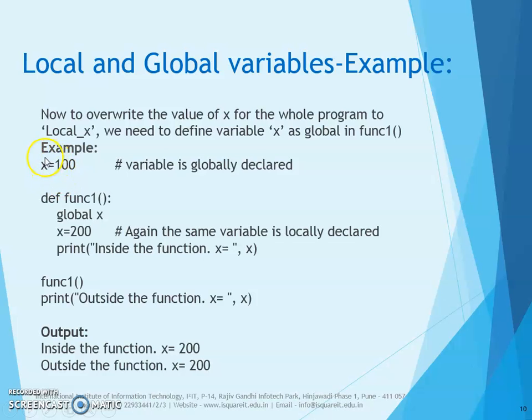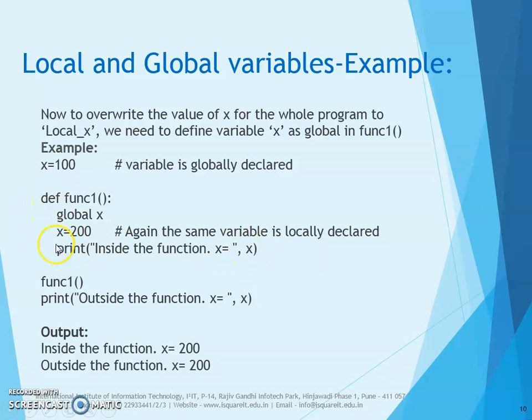So same variable x, that is global variable, we are using it here inside the block of the function. That's why we have used the keyword global over here. So here we are assigning a new value, that is 200, and we are trying to print inside the function. Inside the function x is equal to, it will display 200.